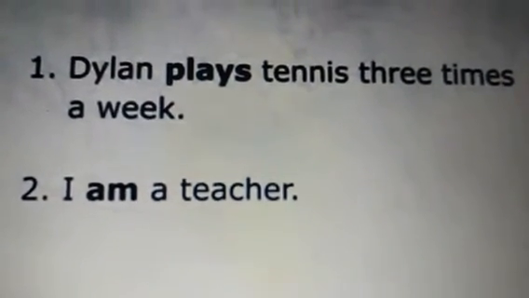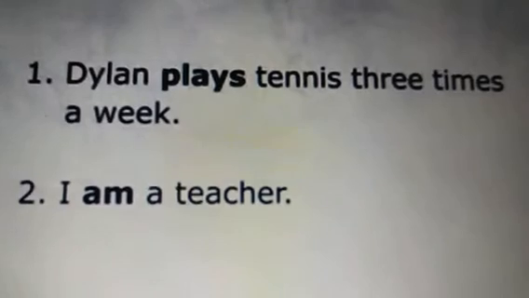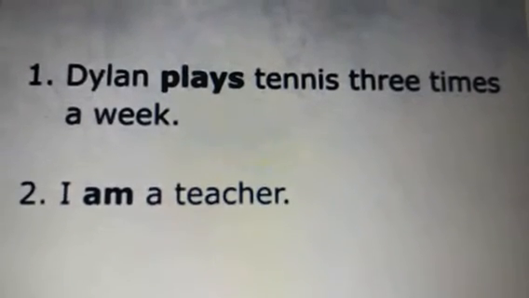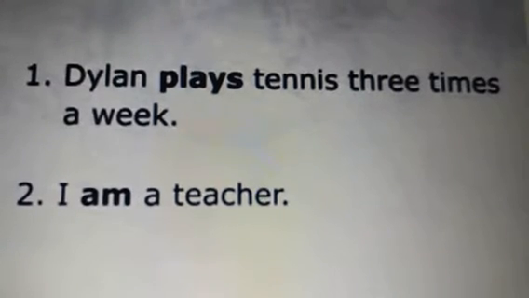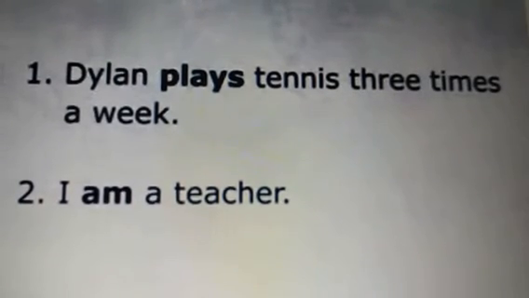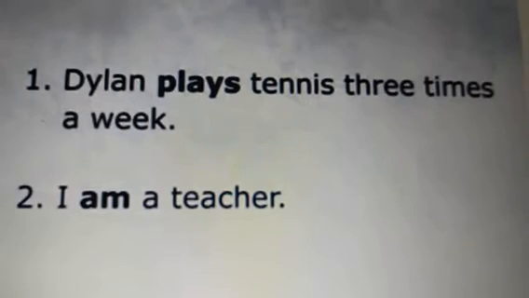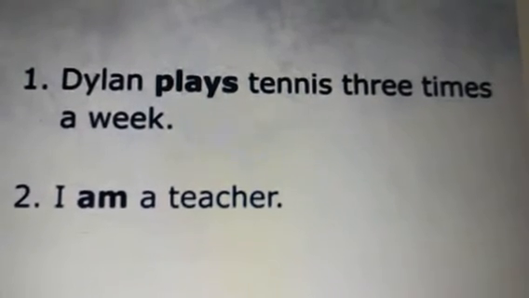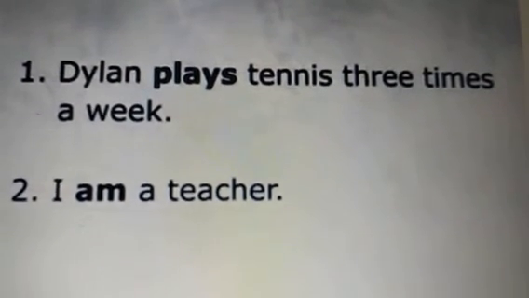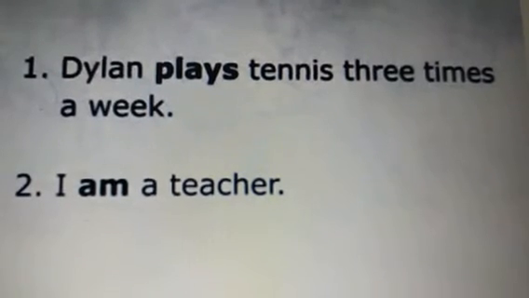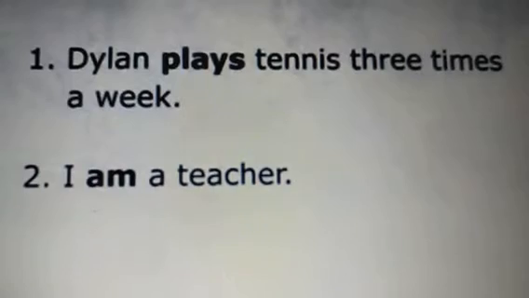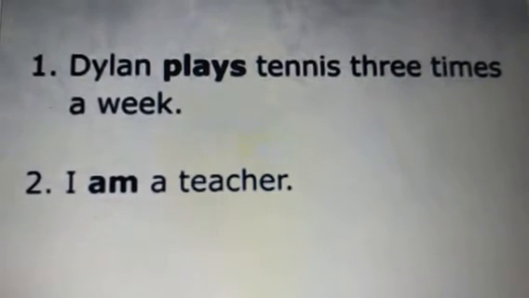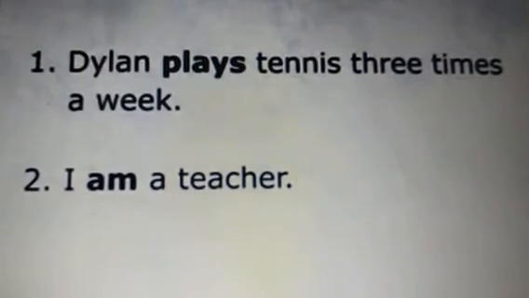So in this next sentence, I'm a teacher. Can you tell me which is the verb? The verb is am. That's basically just the verb be, to be, but we say I am, you are, he is, etc. So I'm a teacher. Now I want you to notice a very important difference between these 2 sentences. Notice that in the first sentence we are talking about a physical action, because playing is something that we do physically.